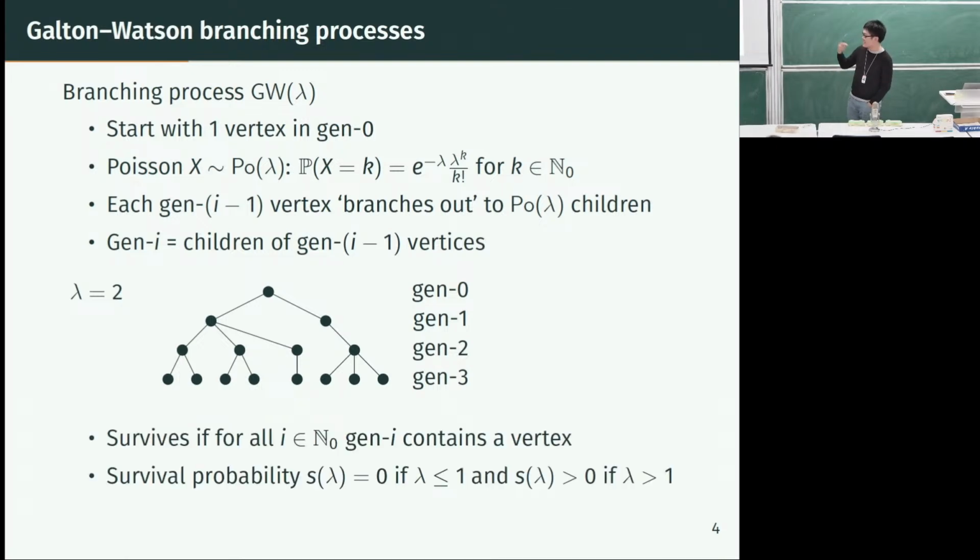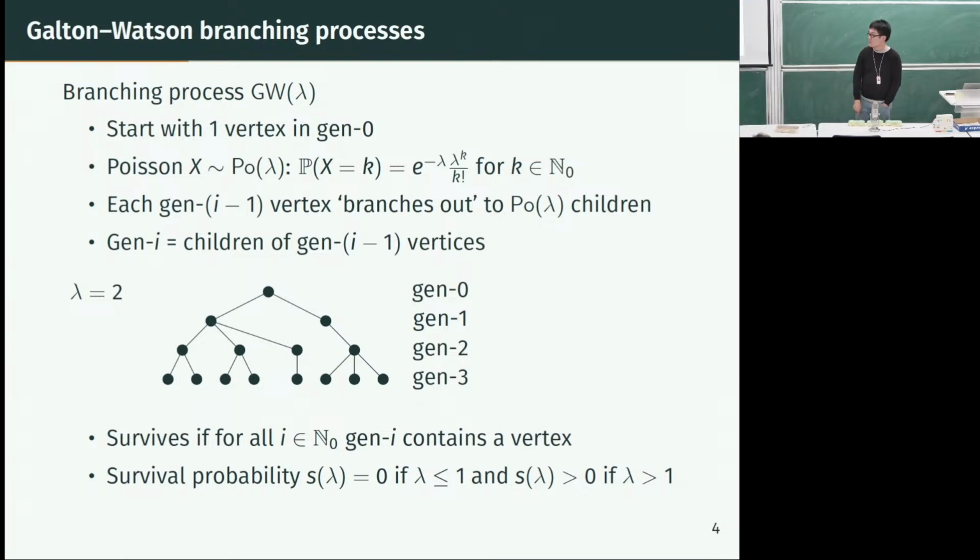But going back to what Galton was interested in, the survival of family names, what one often looks at is the survival of the branching process, meaning whether this branching process will branch off infinitely. We say that it survives if every generation has at least one vertex, or whether it dies out at some point. Because, recall, with this Poisson distribution, the probability of it being 0, for k equals 0 here, is rather non-negligible all the time.